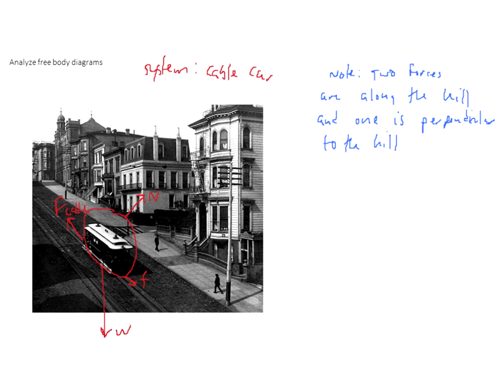So if we just quickly redraw it here, we're going to have a force that's downward, one that's upward that way, so up from the road, one that's this way, and one that's that way.